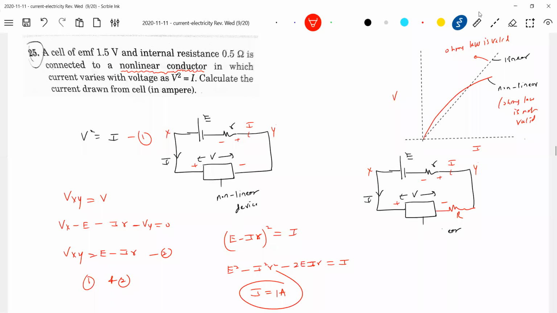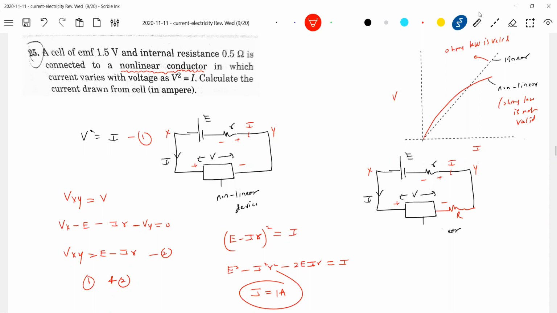The energy only. It's another form of the law of conservation of energy, not only chemical or electrical energy, because the cell can be of any energy. So I can apply KVL, no problem. And across the resistor I can apply Ohm's law, but not across that nonlinear device.